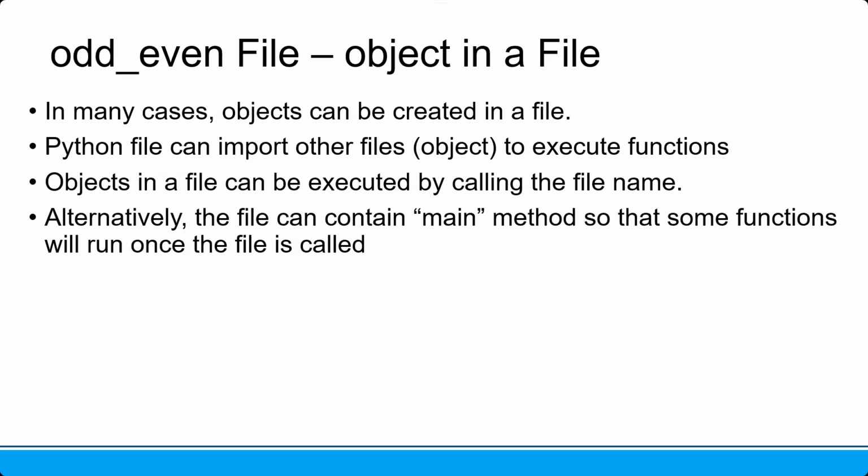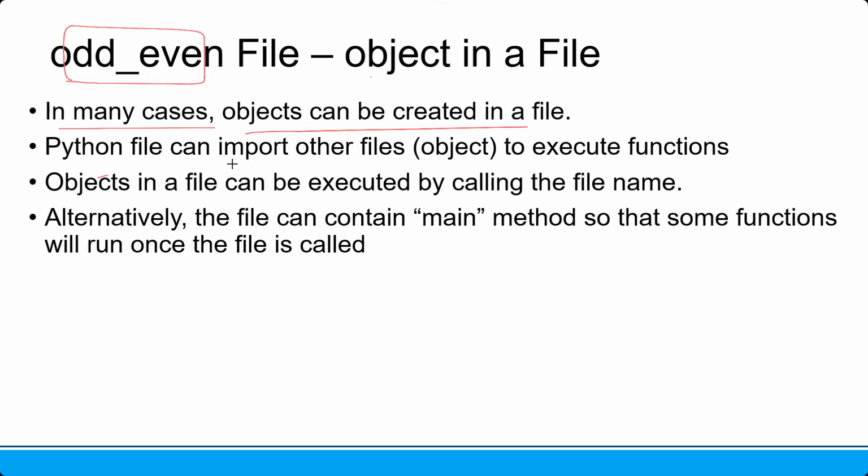Now, let's make something more challenging. When we work with Python, we can connect two different files. Let's say I have an odd even file. I want to access this file. In many cases, objects can be created in a file.